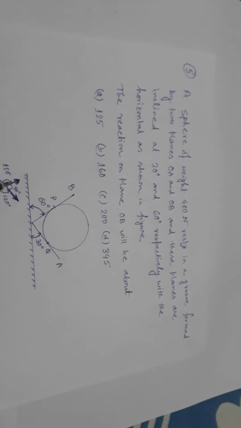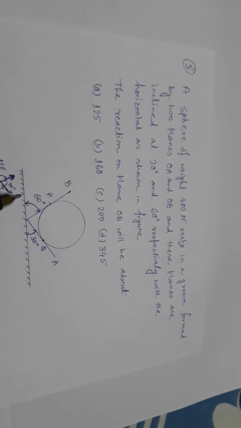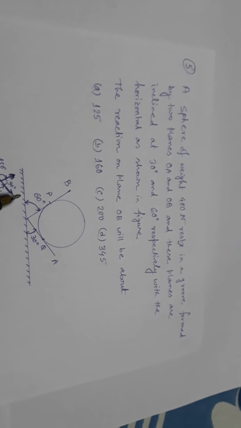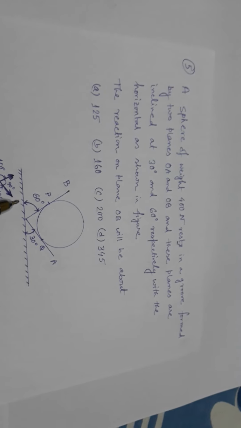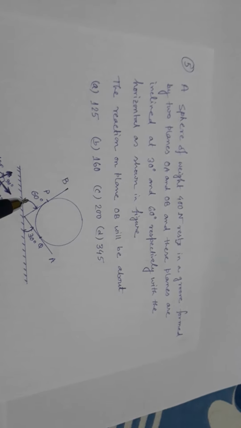So the sphere of weight 400 Newton rests in a groove formed by two planes OA and OB, and these planes are inclined at 30 degree and 60 degree respectively with the horizontal.